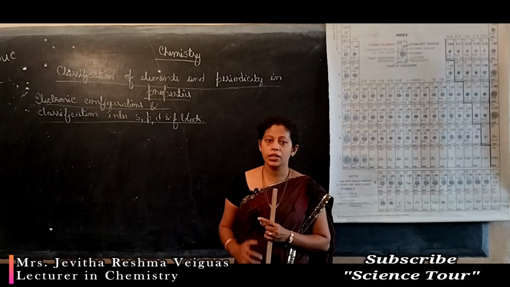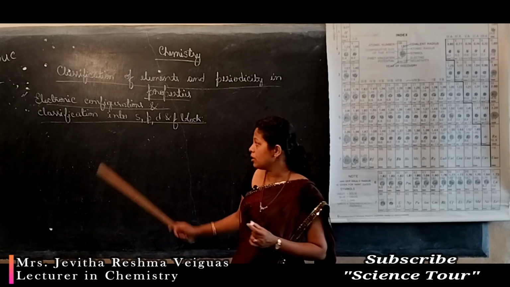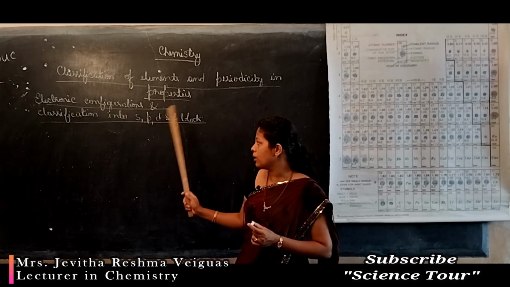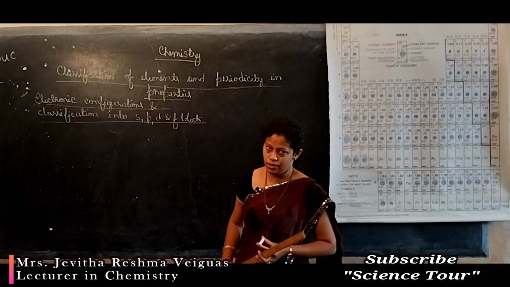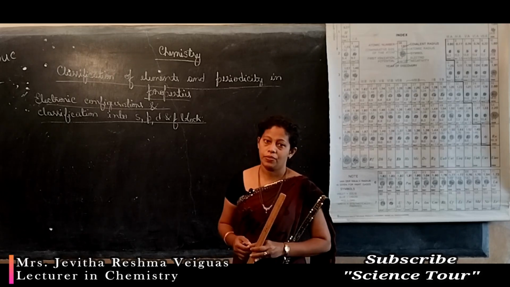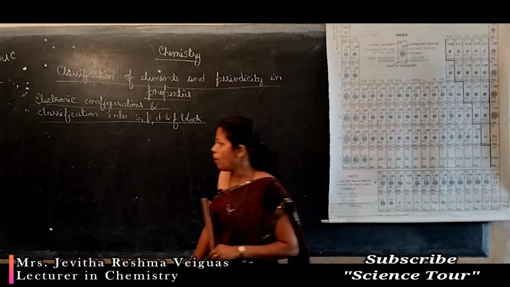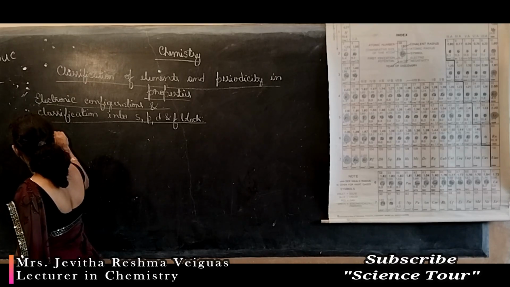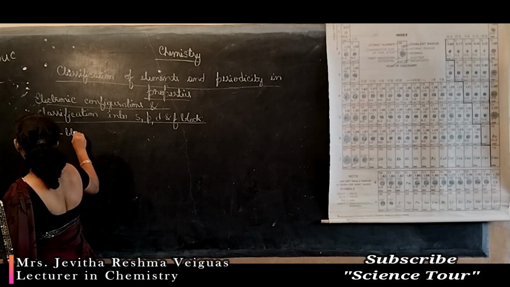Based on the similarity in electronic configuration, the elements are classified into S block elements, P block elements, D block elements and F block elements. In this, first let us study about S block elements.